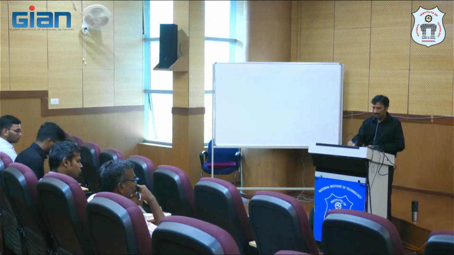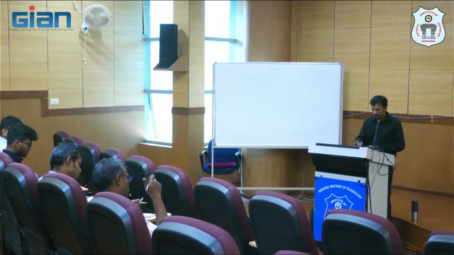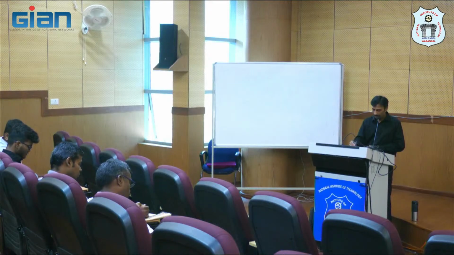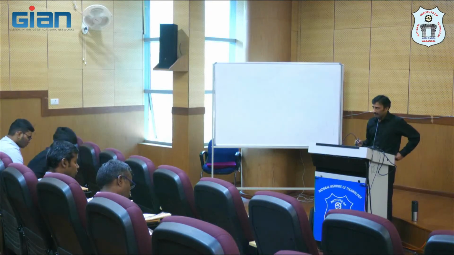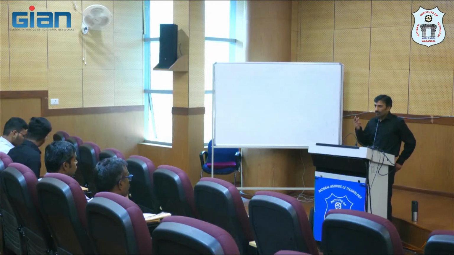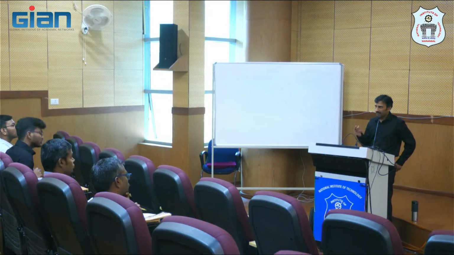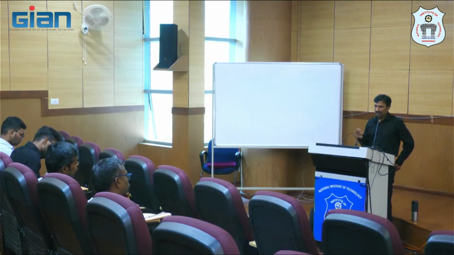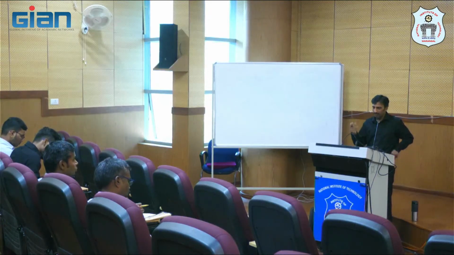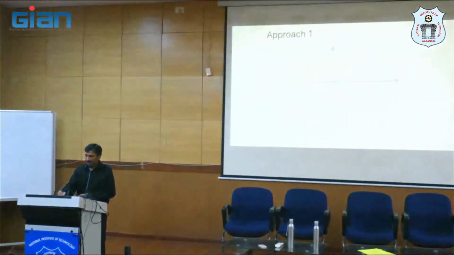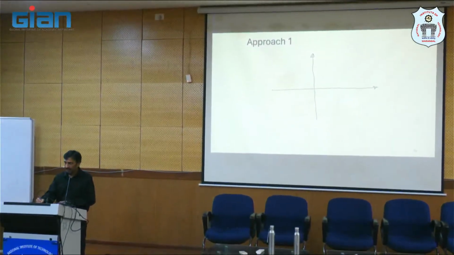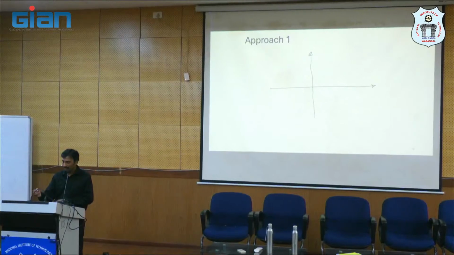So let us consider a training data set in which every feature has two dimensions. That means there are two values for every feature, x and y, or x1 and x2, however you want to call it. And there are two labels, healthy and faulty.